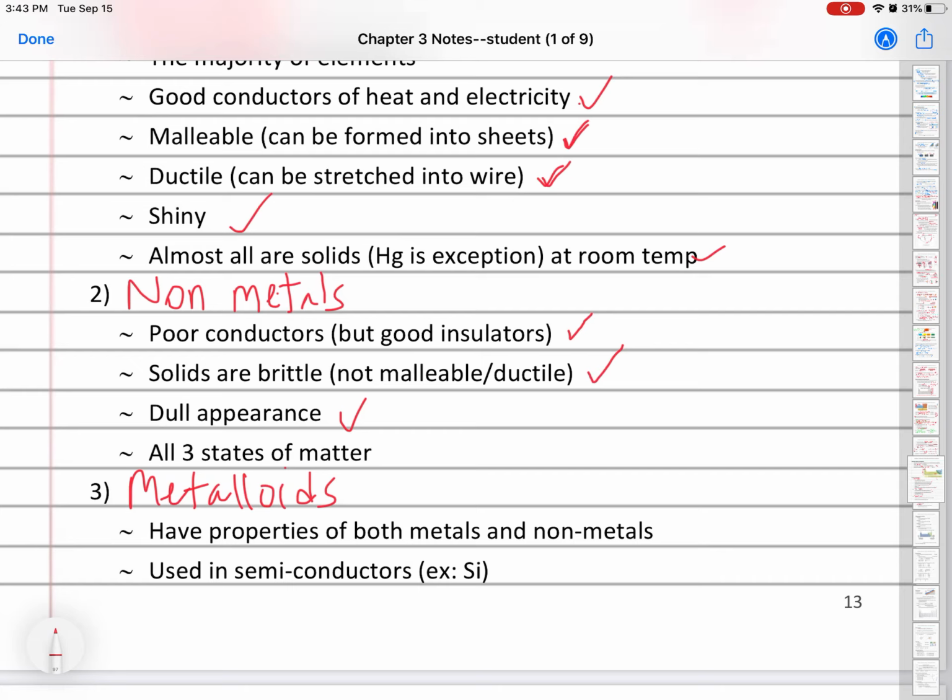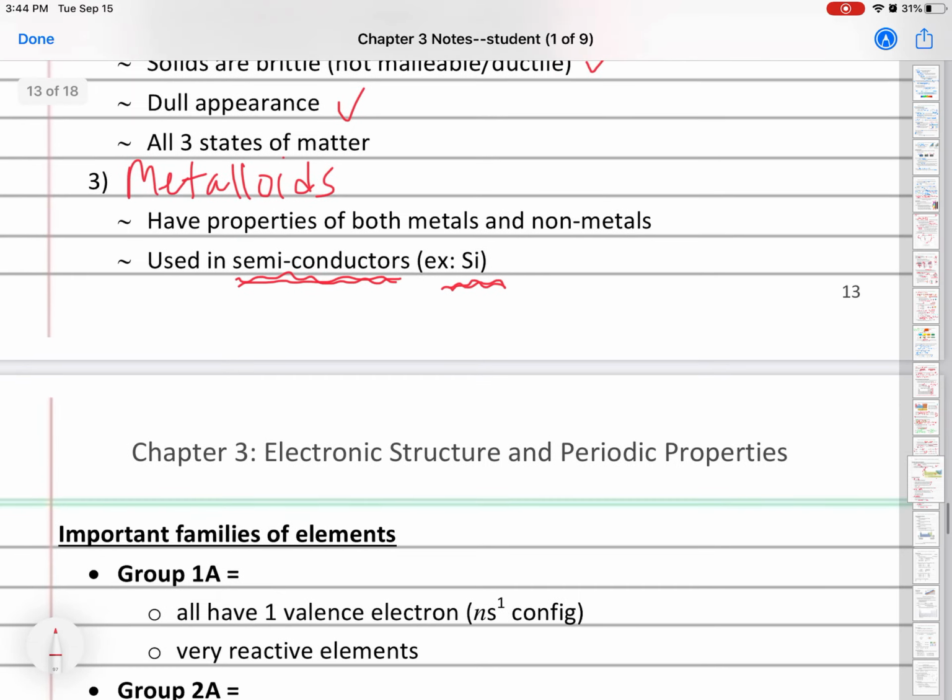One thing that makes them special is that they are really good for use in semiconductors, because they can conduct electricity like metals do, but they can form materials that conduct electricity only in one direction, which is really important for electronics. That's why the electronics capital of America in California is called Silicon Valley. Silicon is a metalloid that's used a lot in semiconductors for electronics.